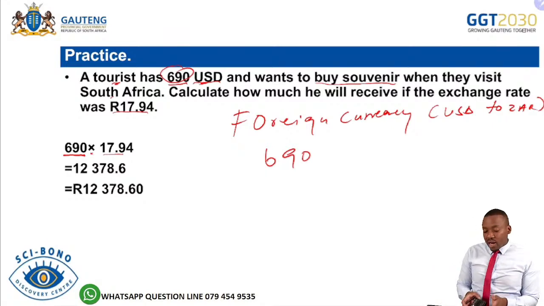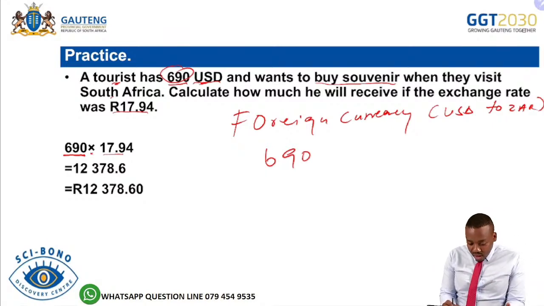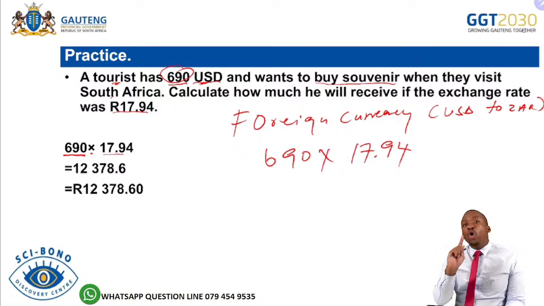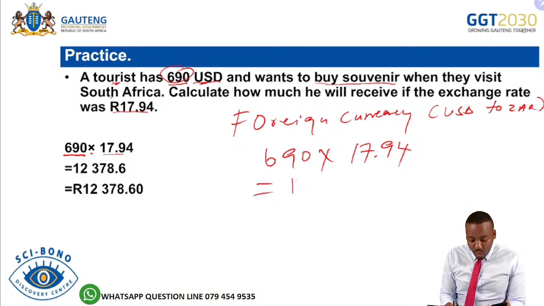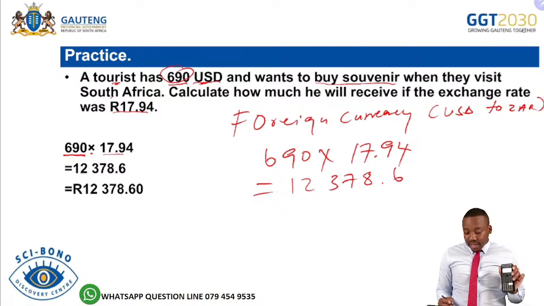Check what your calculator is giving there. Times 17, which is 17 rand 94 cents. Meaning to buy $1, you pay how much? 17 rand 94 cents. Then your answer is 12378.6.